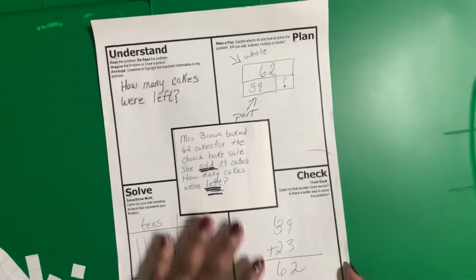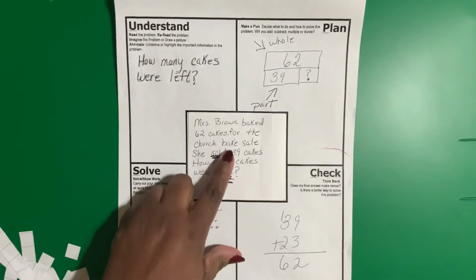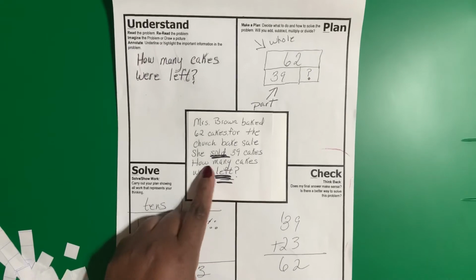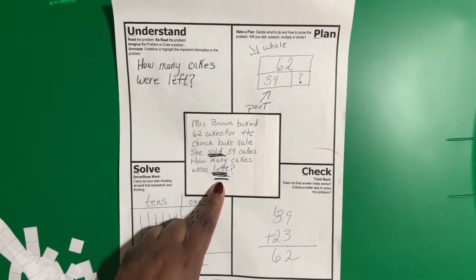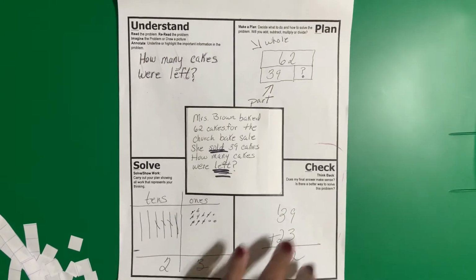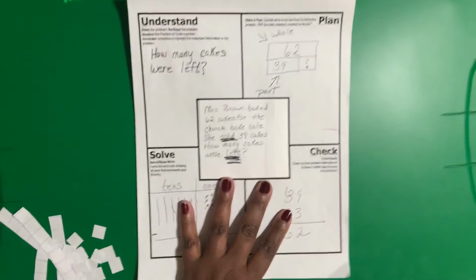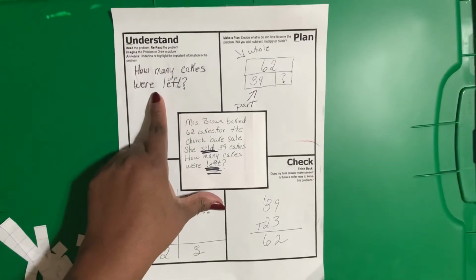Here's that same word problem I just went over. Miss Brown baked 62 cakes for the church bake sale. She sold 39 cakes. How many cakes were left? Sorry. So I put this in a graphic organizer, which everyone should be doing at some point. Here in my understand, I wrote the question.